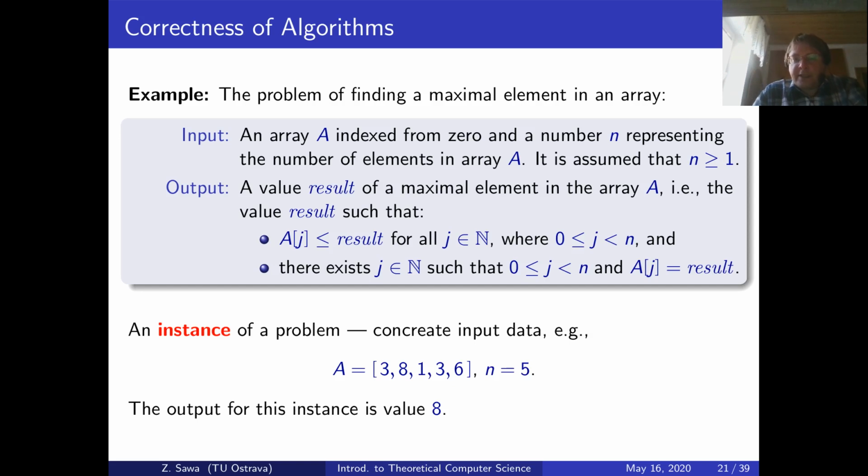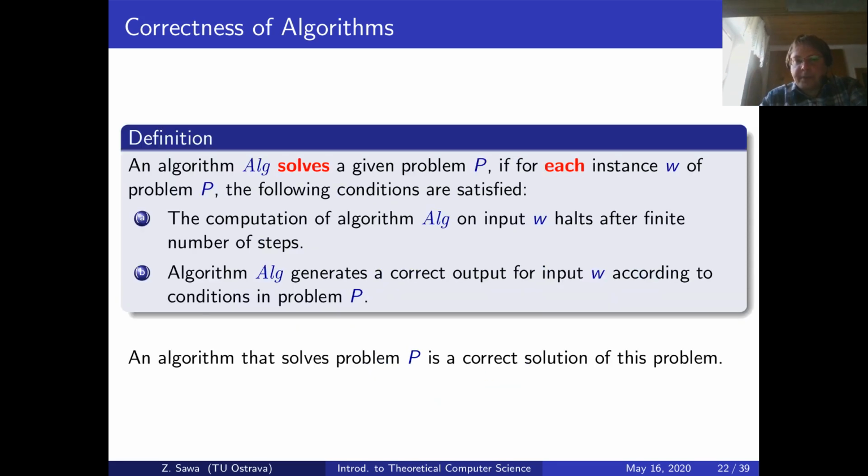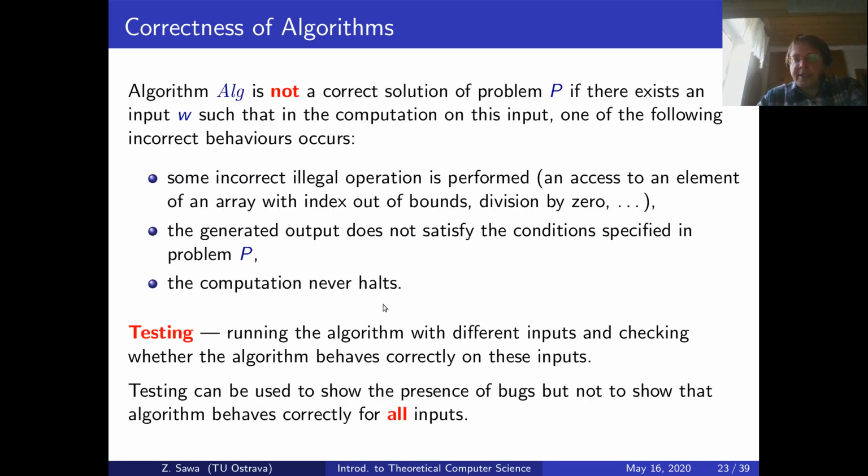So of course it's not possible to use testing in the sense that we would try all possible inputs and check that for each possible instance the algorithm behaves correctly. This is not manageable, so we must proceed in some other way.